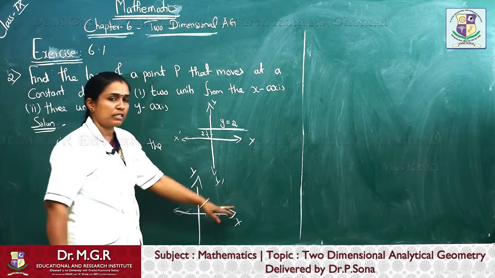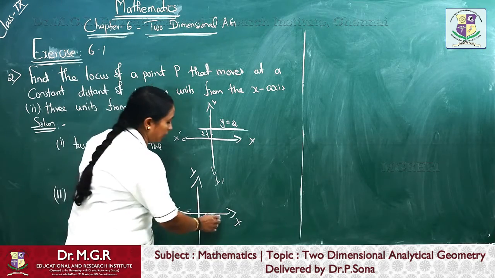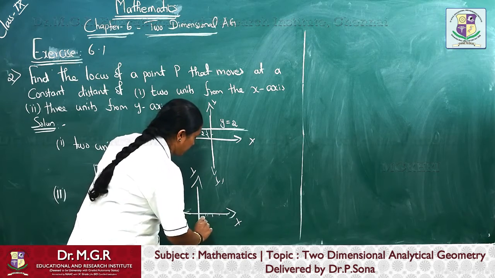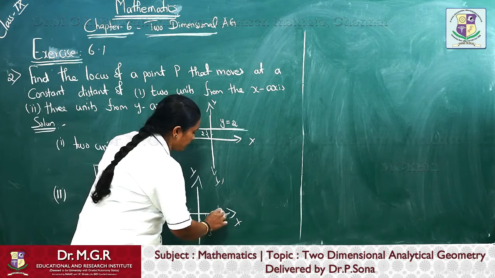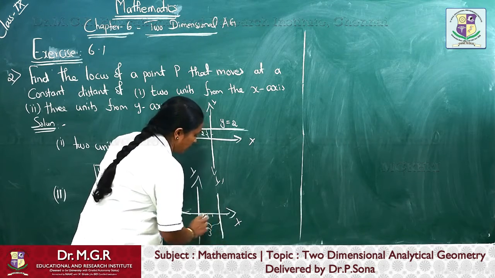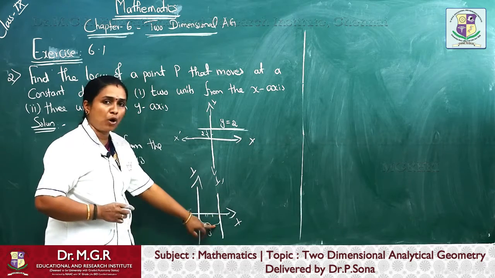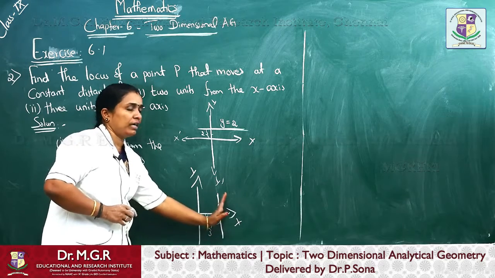Let us assume that this is the point, 3 units away, that is the distance is 3. So we can take a line like this. Here are many points which lie 3 units from the y-axis. So definitely we can take this one.